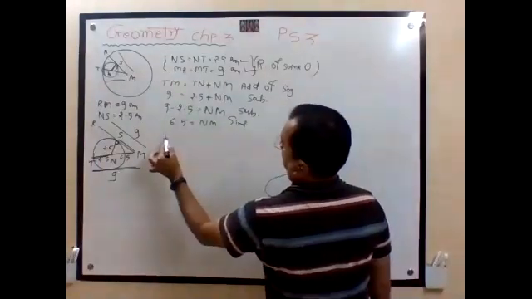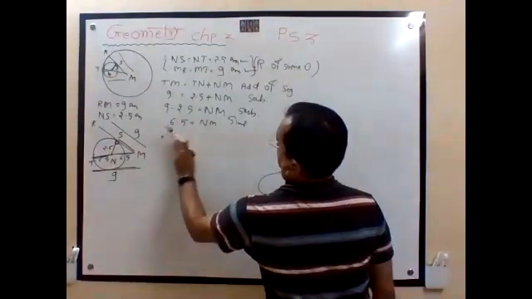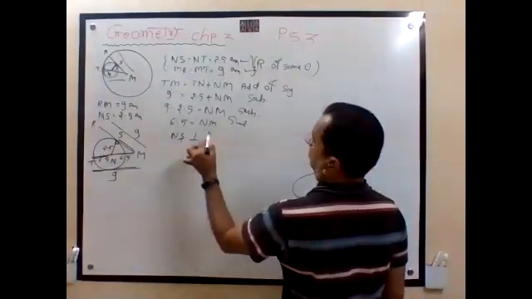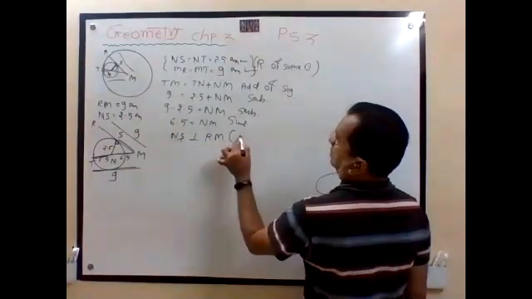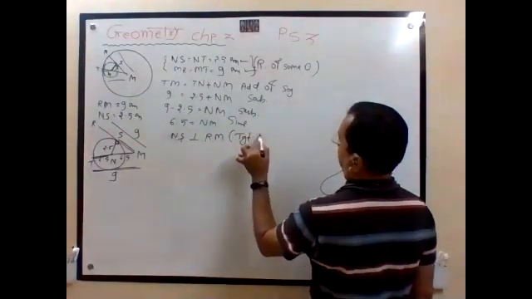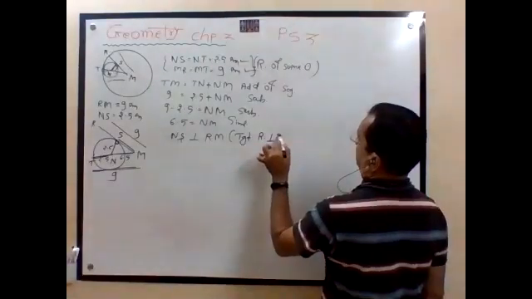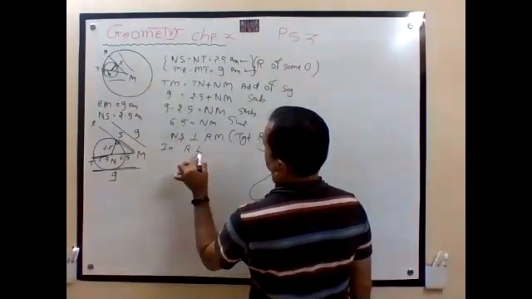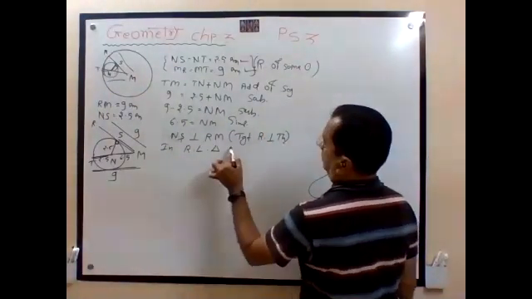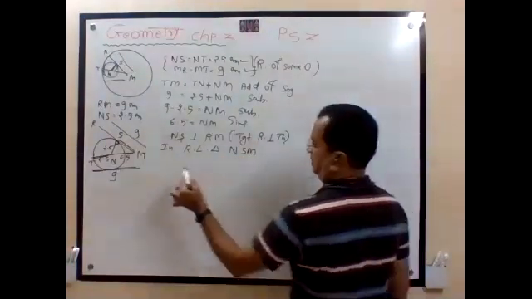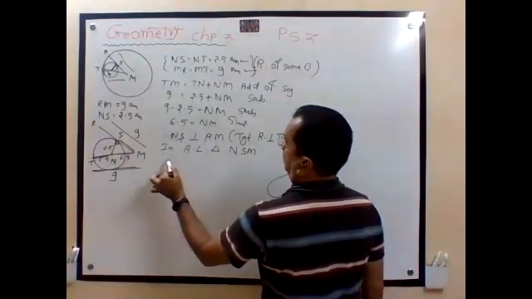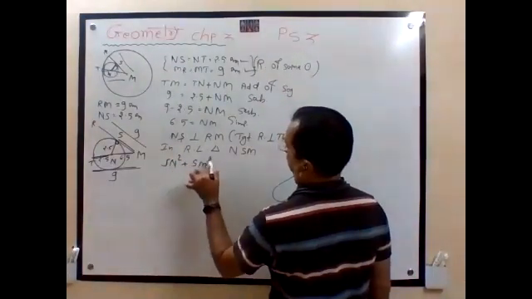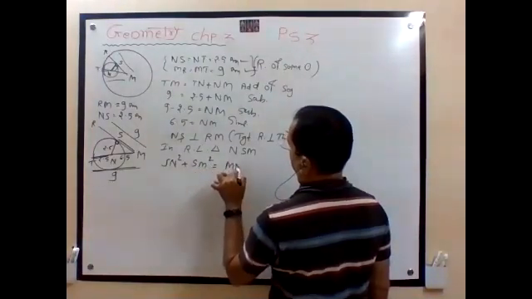Now, NS is perpendicular to RM. Tangent, radius, perpendicular theorem. So, in right angle triangle NSM, SN square plus SM square is equal to MN square.